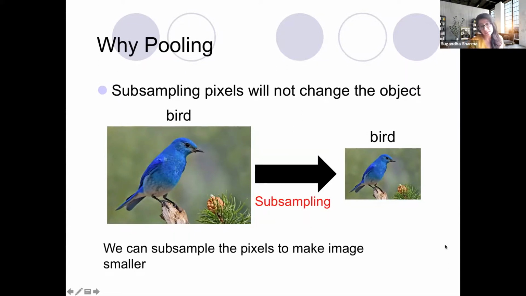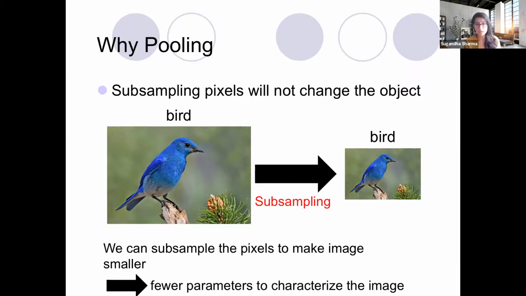So we can subsample the pixels to make the image smaller. And why do we do that? Because again, it helps us reduce the number of parameters which we need to characterize the image. If we have a smaller image, then we'll need fewer parameters to further characterize it. And so this is the concept of pooling.